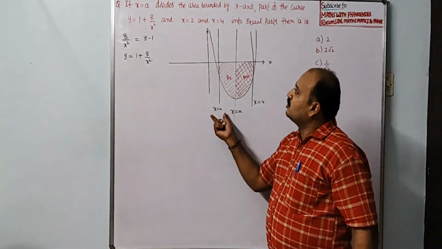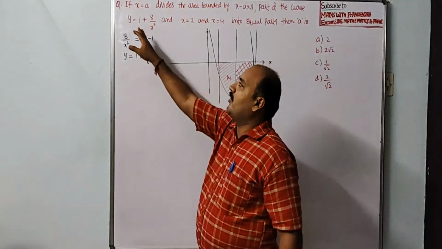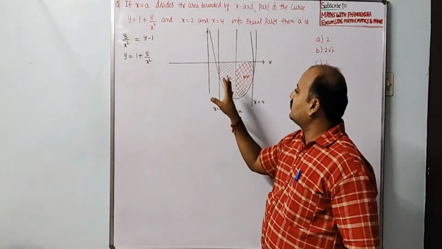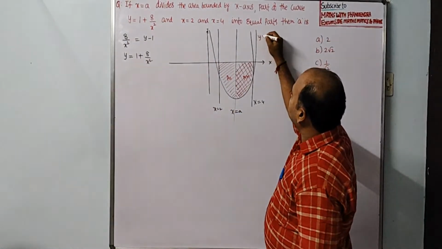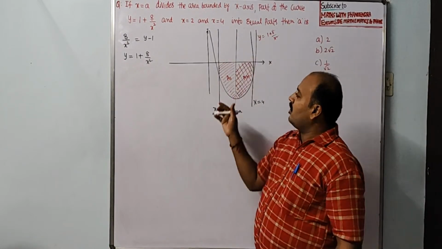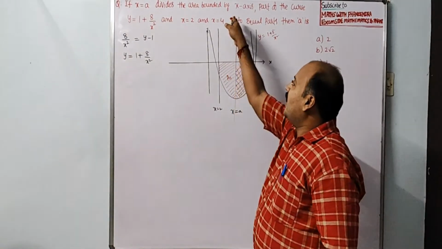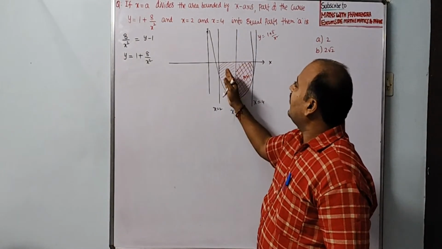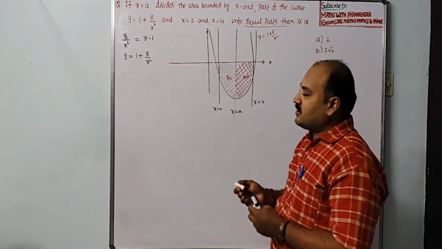So x is equal to 2 line, x is equal to 4 line is given. The parabola y equal to 1 plus 8 by x square is also given. This is the curve, parabola curve, y is equal to 1 plus 8 by x square. This parabola cuts by x equal to 2 and x equal to 4 with x-axis, and x is equal to a line is dividing into equal parts. Here they mention equal parts.